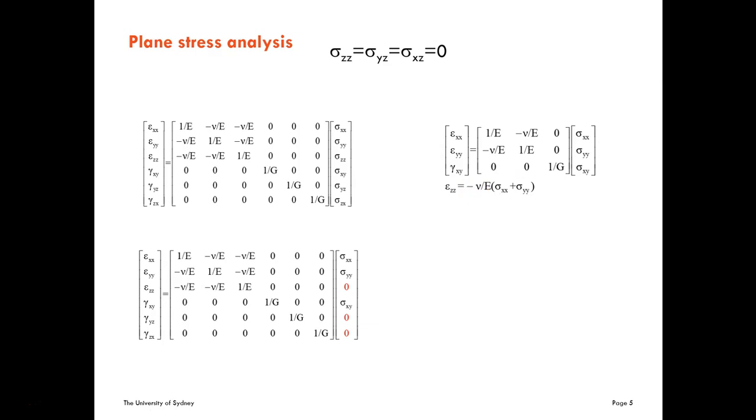The stress is in the plane, but due to the Poisson effect, the strain is going to go out of the plane. So this is the stress-strain relations in this case, and I can invert this matrix to get this matrix. So you can use either this matrix or this matrix, depending on whether you are solving for stresses or strains.